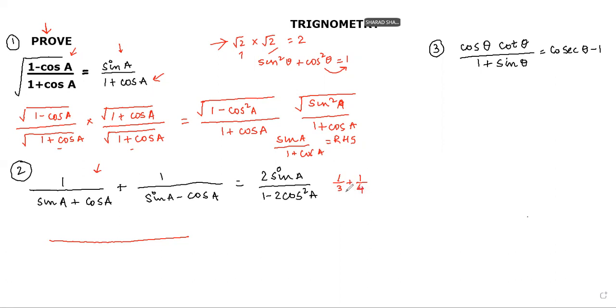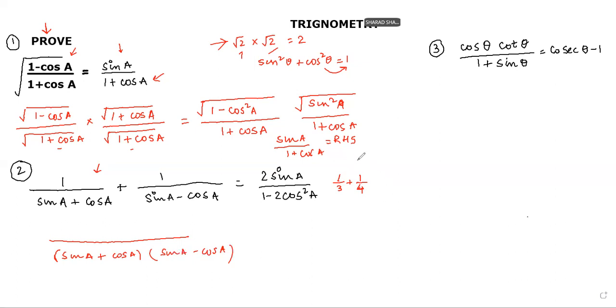So similarly, when there is nothing common between the two, I simply write in the denominator sine A plus cos A, and in another bracket sine A minus cos A. So this is the LCM in the denominator.